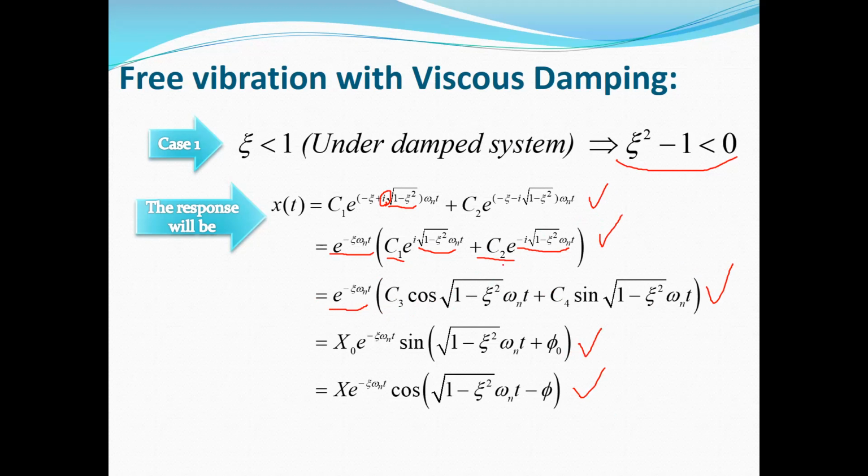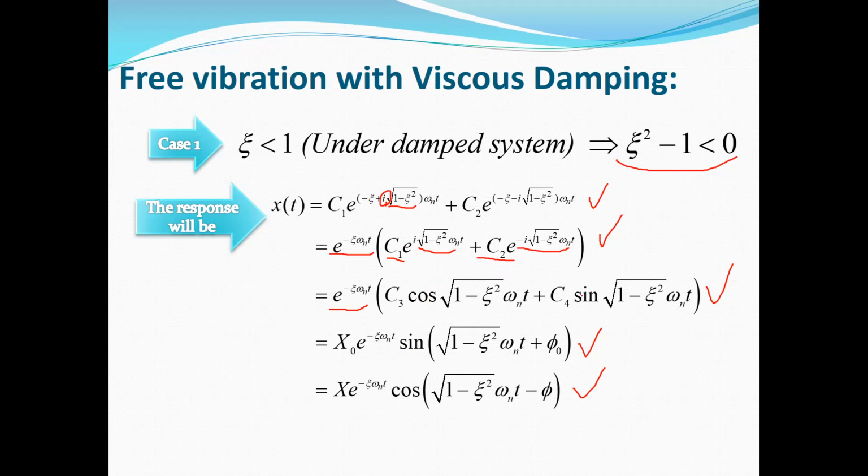All of them are the same. If you solve the equation of motion, you can write your response in any of these forms, and all of them are correct, because all of them are equal. You can convert from exponential form into cosine and sine harmonics, or into only sine or only cosine form. So no difference.